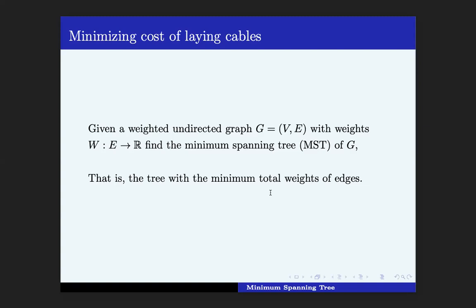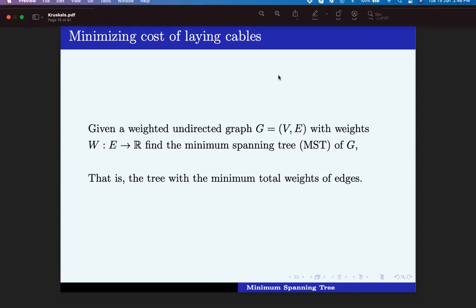Once I select the spanning tree, I look at the cost of laying cables along it, which is the sum of the cost of the edges in that tree. A tree with the minimum total weight of edges is called a minimum spanning tree.